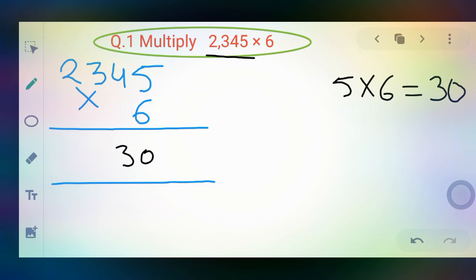Clear? So I only write here the ones place, which means I take this 3 as a carry. Means I add this 3 when I multiply 6 and 4. When I multiply 6 and 4, I get some number, and I add this 3 with that number.